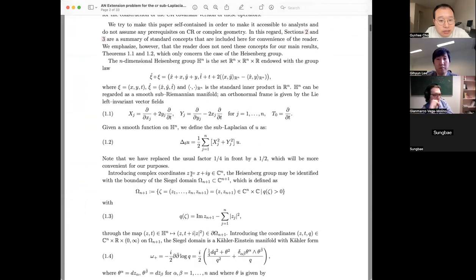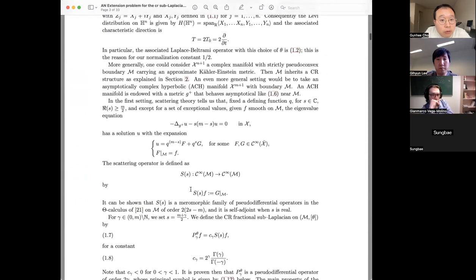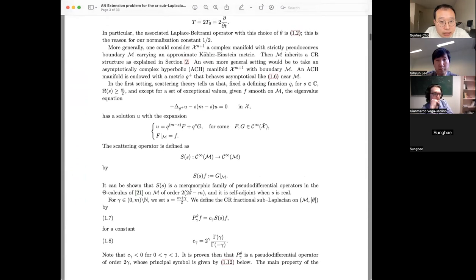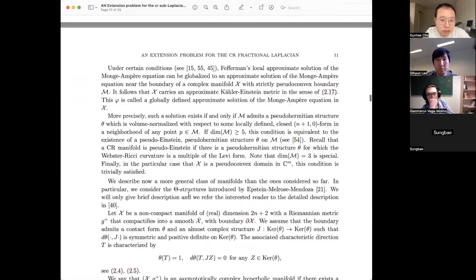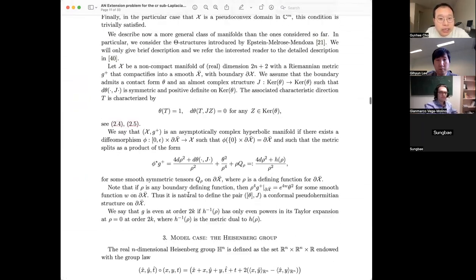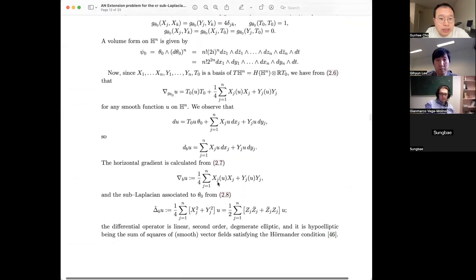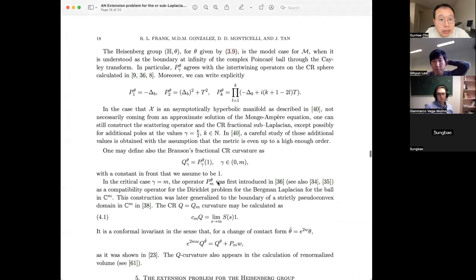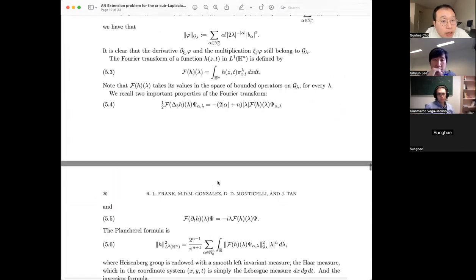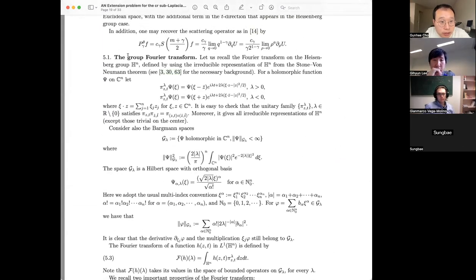But anyhow, what I care about is two things. Number one, there's the Fourier transform. In the case of the Heisenberg group with the sub-Laplacian, and this is the essential technique in this paper, there's a notion of the group Fourier transform on the Heisenberg group as a Lie group.